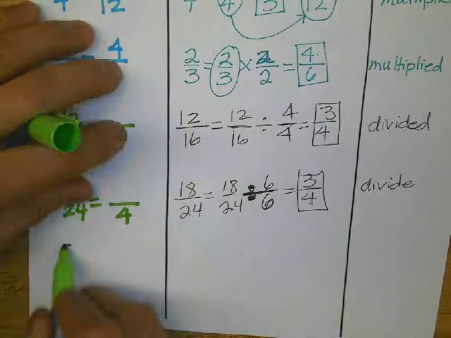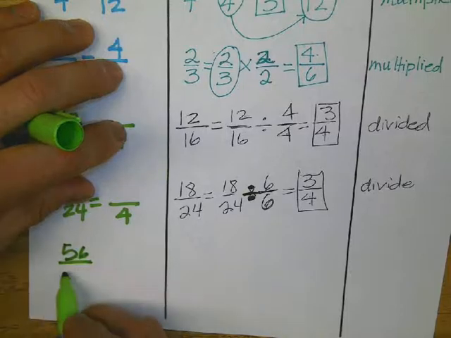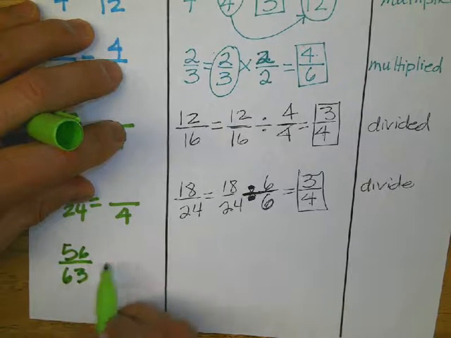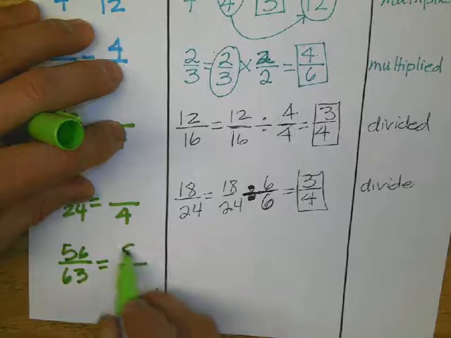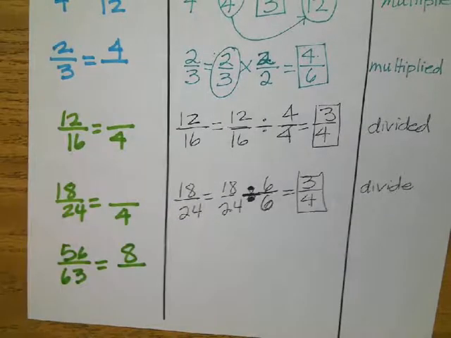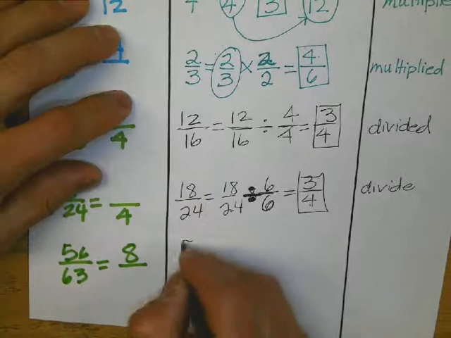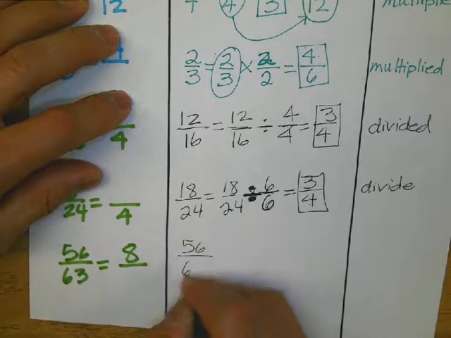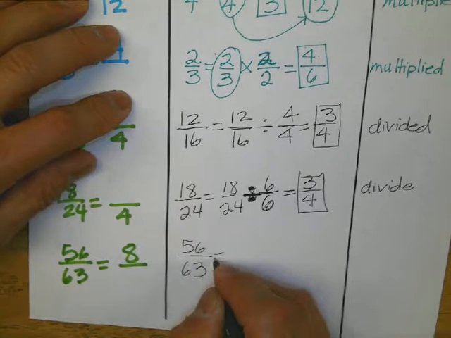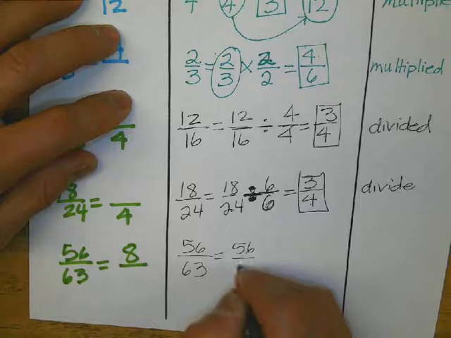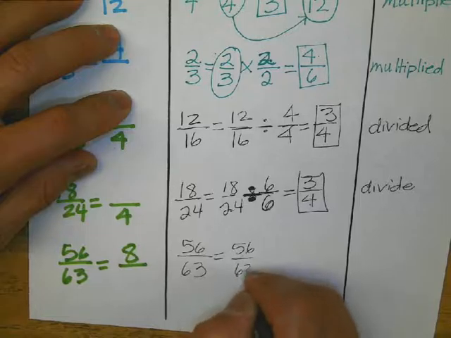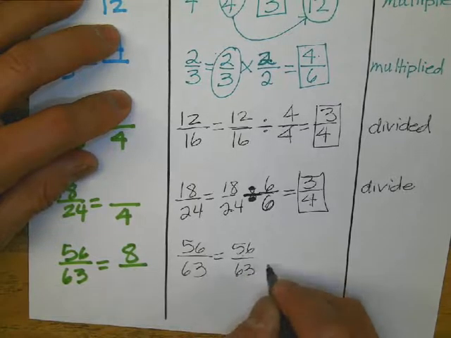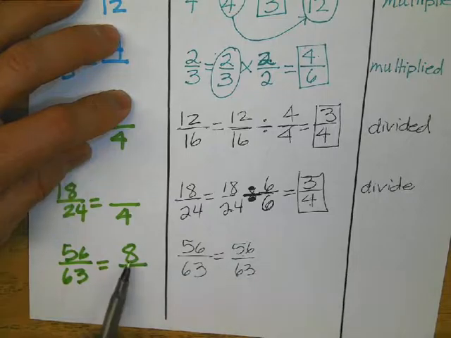Blank over 8 equals 56/63. Here's the clue right here. So let's begin our problem. I notice the clue is that the number has to be smaller, correct?